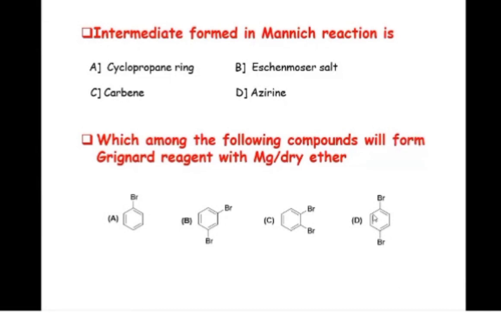However, in orthodibromobenzene, at one side you have MgBr, meaning a carbanion will be there, and that carbanion will come towards here and elimination of this Br takes place, meaning formation of benzyne intermediate. Formation of benzyne intermediate will take place in case of C. In case of orthodibromobenzene, this compound will not form Grignard reagent with magnesium and dry ether. This will be the answer of this particular question.